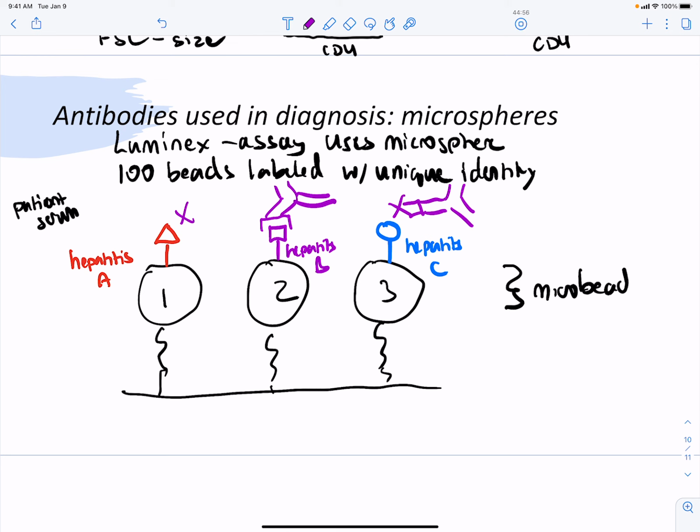As long as you have a bead that has the specific antigen that you're looking for, you can test a lot in a single go. And so this is a lot of power in order to be able to use a small sample size, such as a person's blood sample, and look at many different specificities at the same time. Okay, so that's all I want to talk about with respect to antibody-antigen interactions, and how we use them in the lab in diagnosis as well.